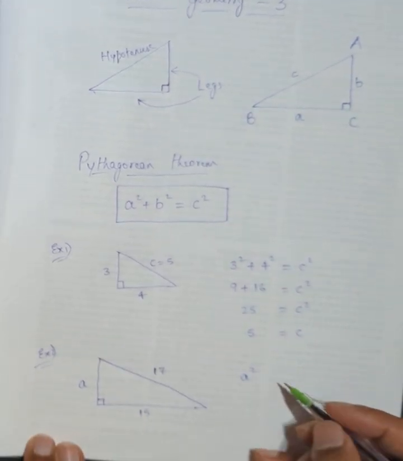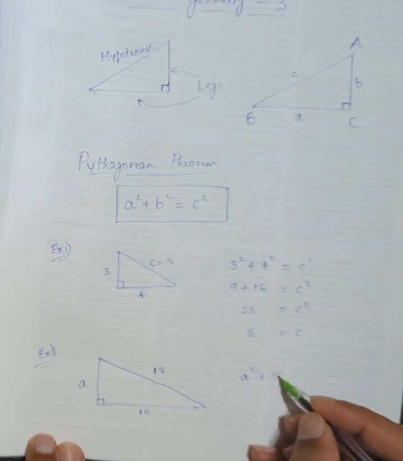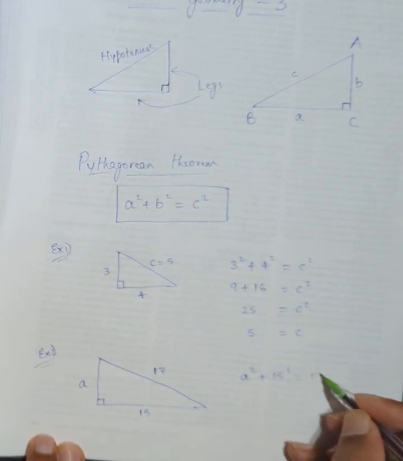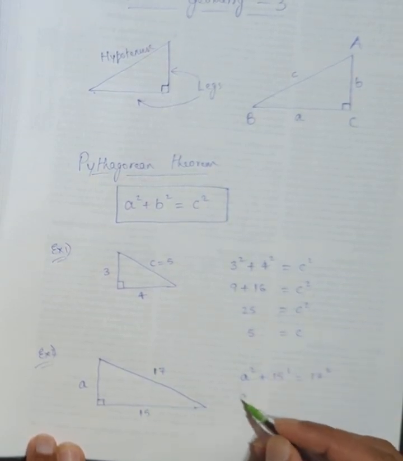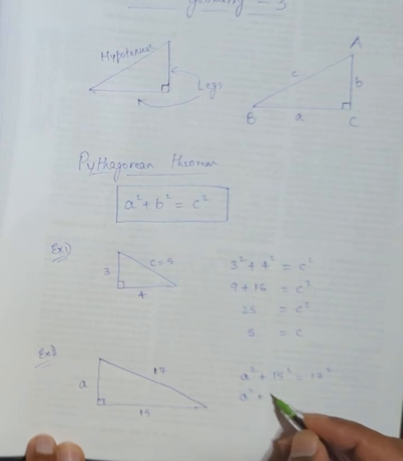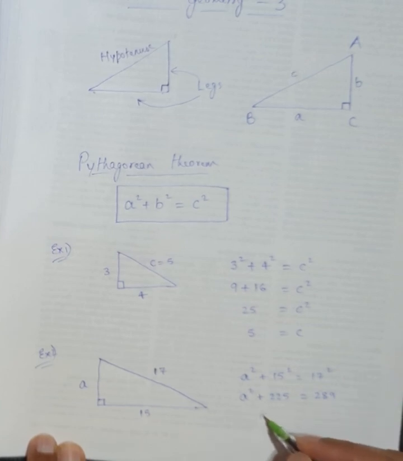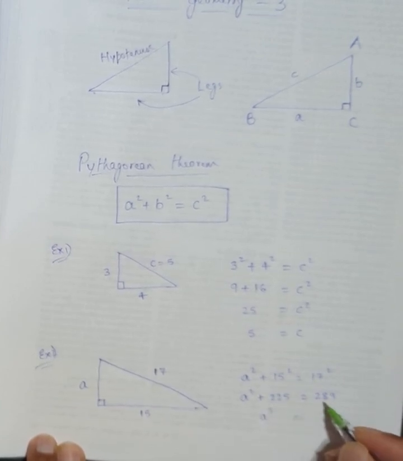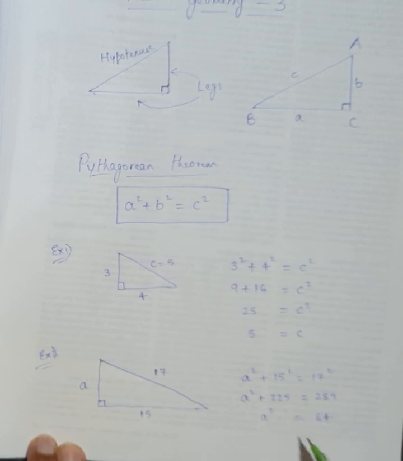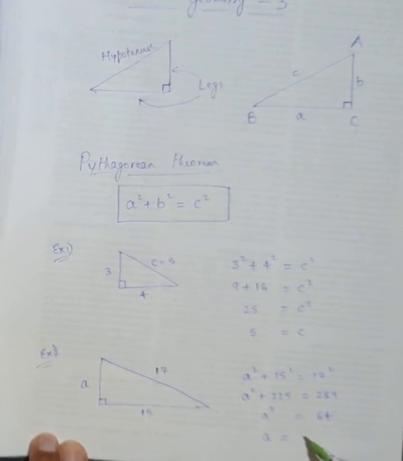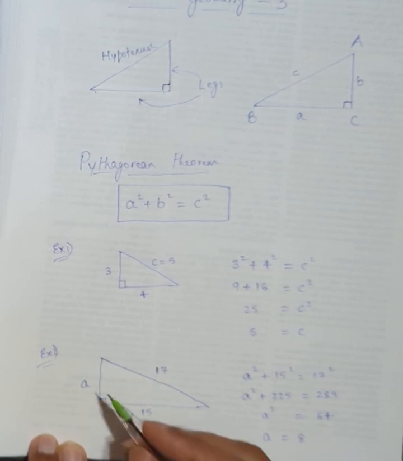So I get a squared plus 15 squared equals 17 squared. 15 squared is 225. 17 squared is 289. Subtract 225 from both sides. 289 minus 225 is 64. And if a squared is 64, a will be the square root of 64, or 8.